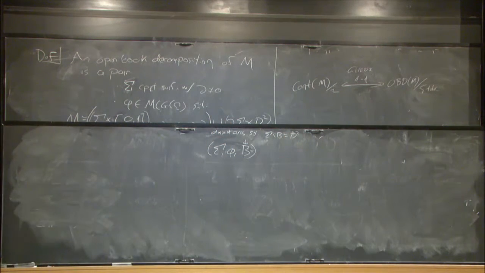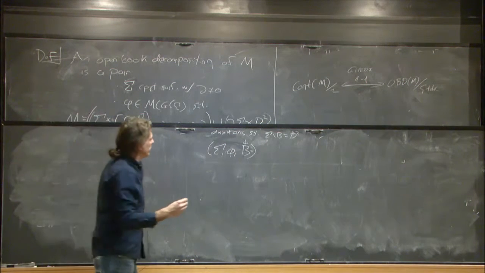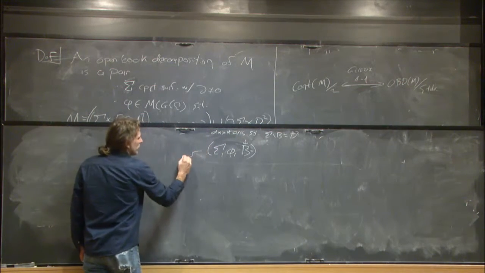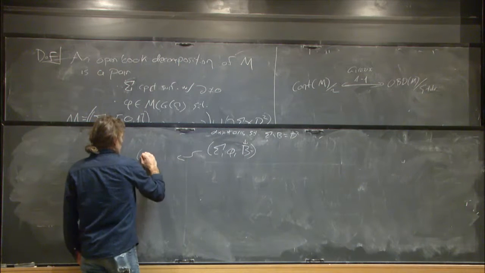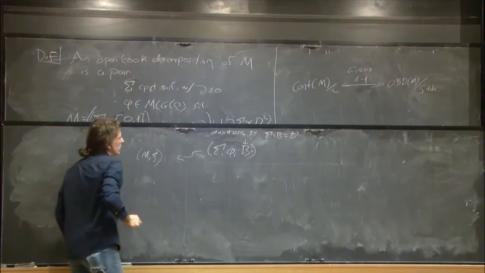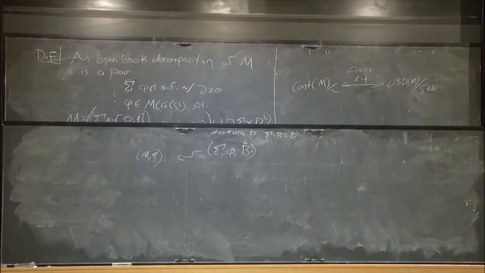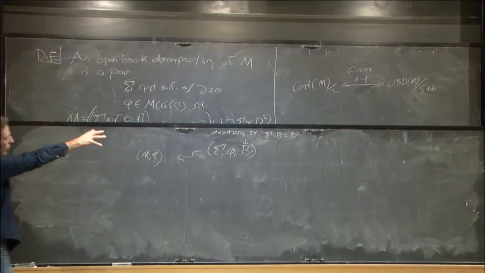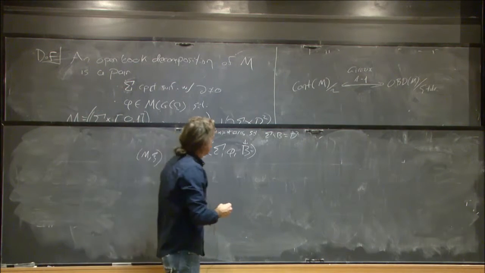A fairly standard object. So from this data, we get a couple of things. First of all, of course, we get a contact manifold via the Giroux correspondence. And for any contact manifold, we can find such a triple.